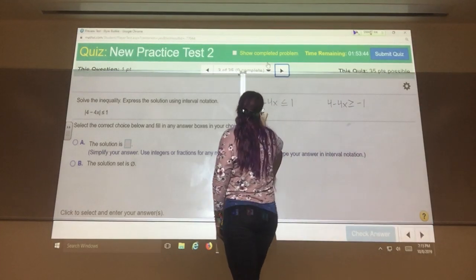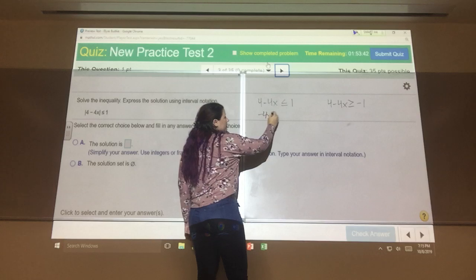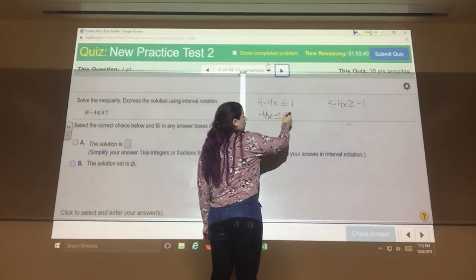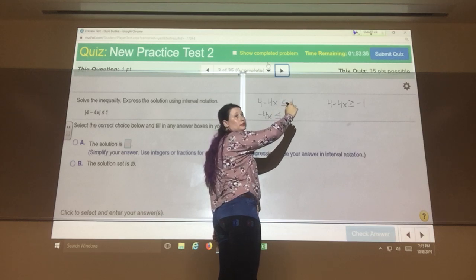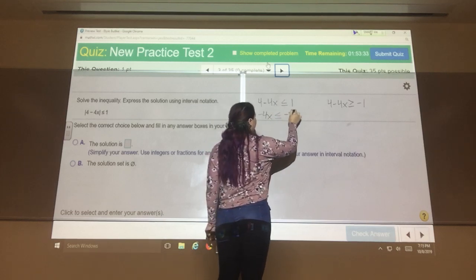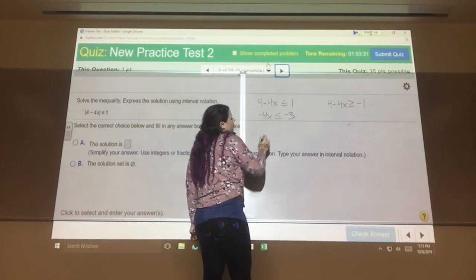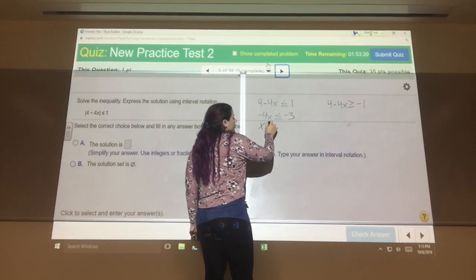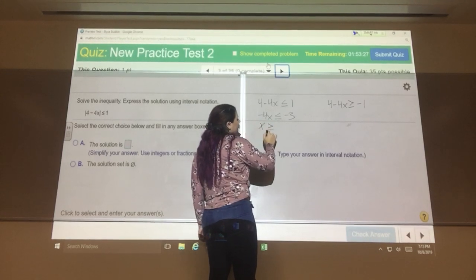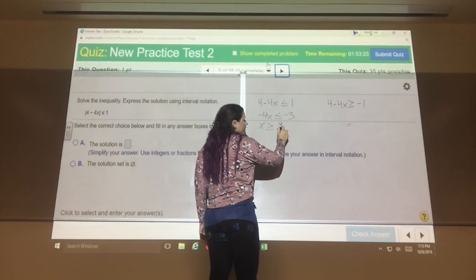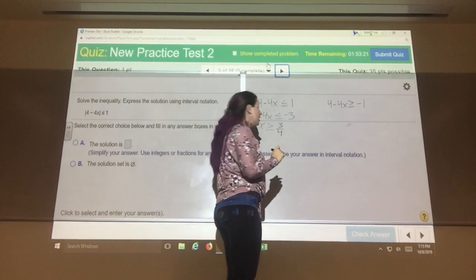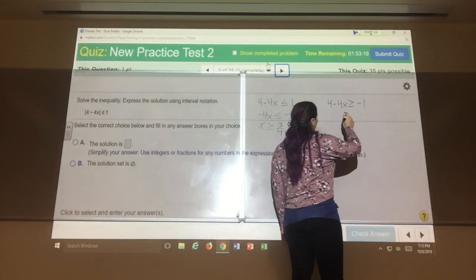So we subtract 4. So we have -4x less than or equal to -3. And then divide by -4, which changes the sign. And then the -3 and -4, the negatives cancel, so it's just 3/4, right? Mm-hmm. Okay, now on to the other one.